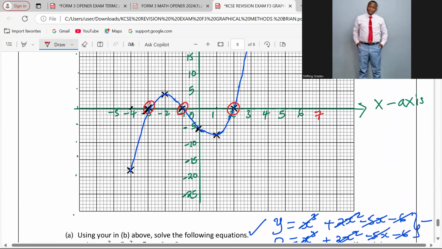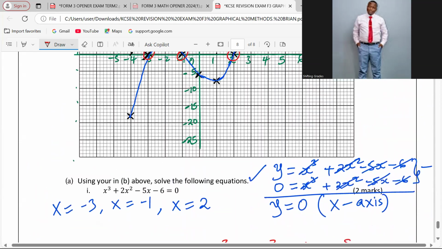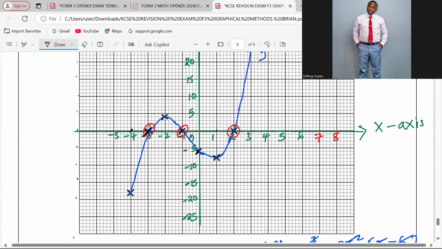Okay, we can extend this one a little bit. So 0, 2 to be a coordinate at this point. Let me reduce these ones. Okay.